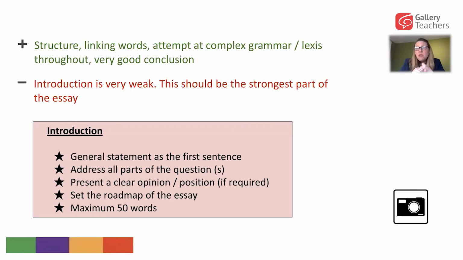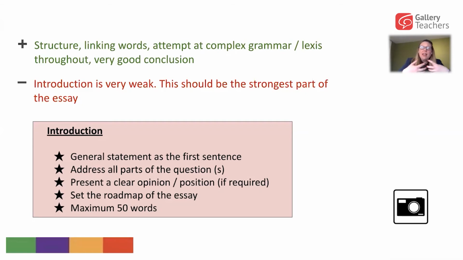Well, first of all, it should have a general statement as the first sentence, which is a kind of general comment on the topic. It has to address all parts of the question, or questions in this case, because there are two, so there has to be reference made to those questions. It has to present a clear opinion or position if required.